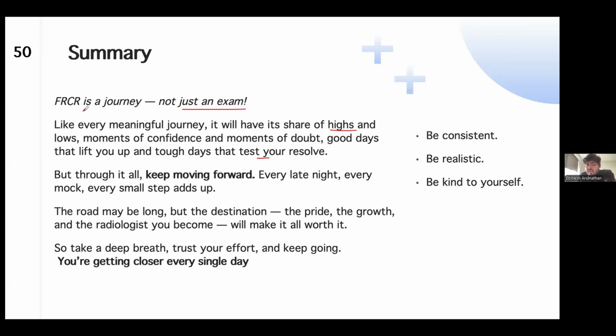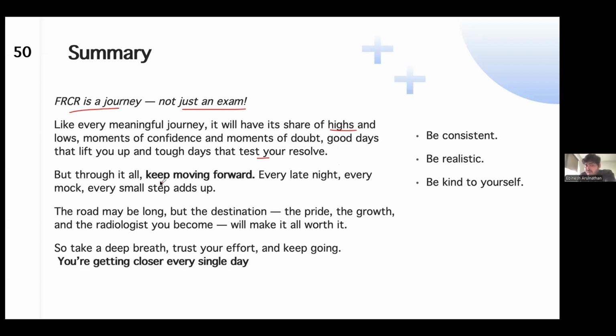It is a journey, because it is not like one exam and you're done with it. You have multiple exams, you have three parts which you write, and provided you get a slot every time, you take at least 2 years to finish your full FRCR. So it is a journey for which you'll need consistency and a lot of motivation.